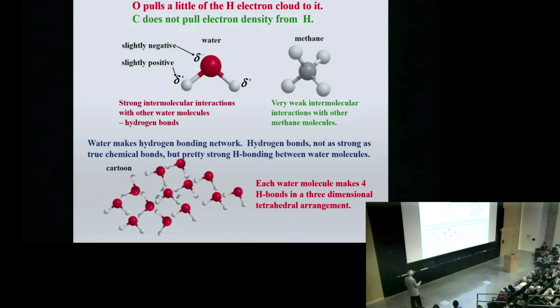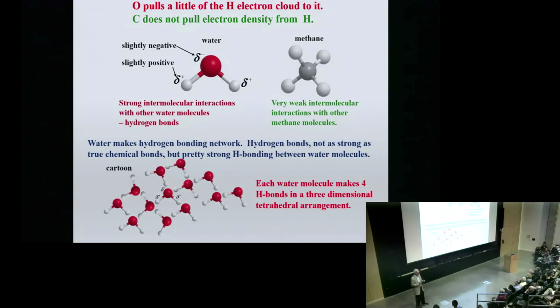But what this does is it makes a network of water molecules. Each water molecule makes 4 hydrogen bonds. So these 2 hydrogens are, in some sense, bonded to these oxygens, and these 2 hydrogens are bonded to this oxygen. And this just goes on, and you get this network where approximately each water molecule makes 4 hydrogen bonds.